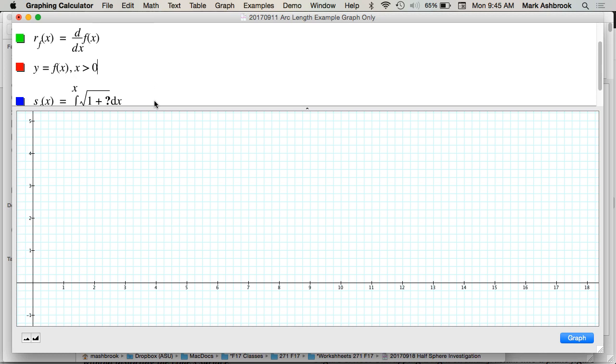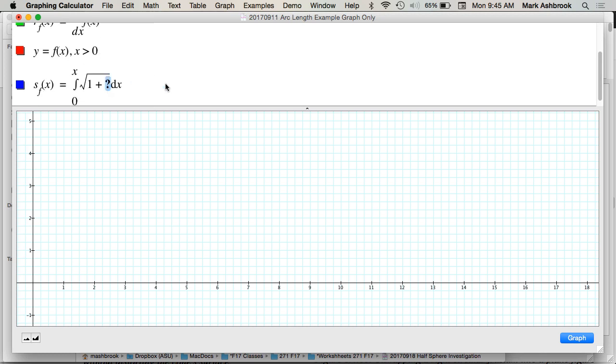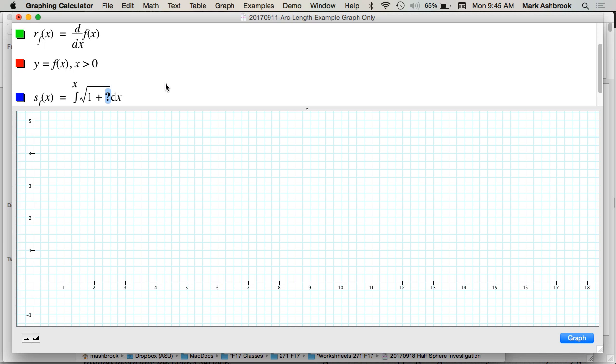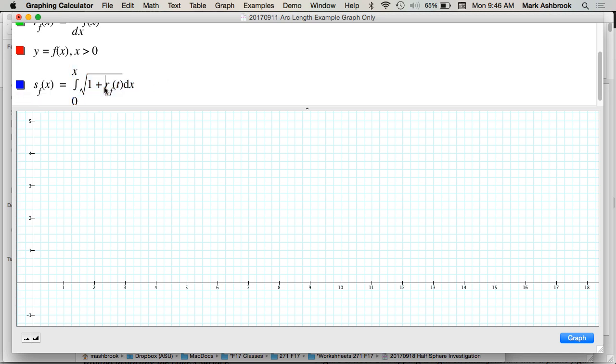Instead of having to do all that product rule, what can I put here? R sub f of t, and that rate of change of f was squared, and then dt.